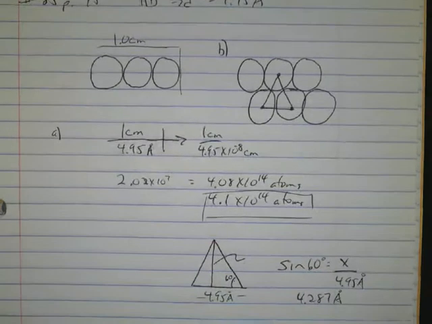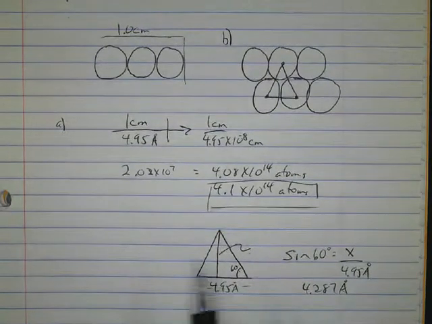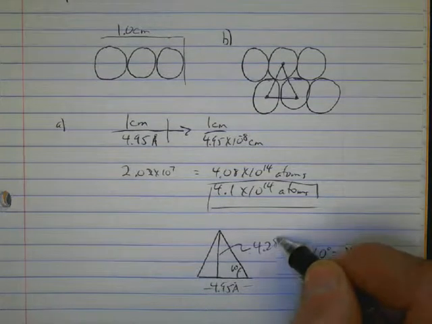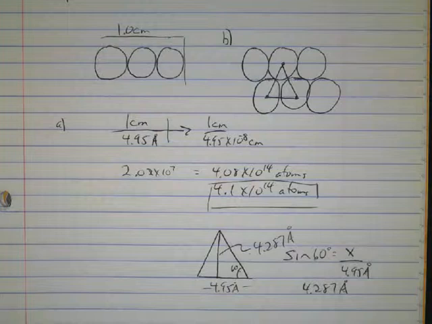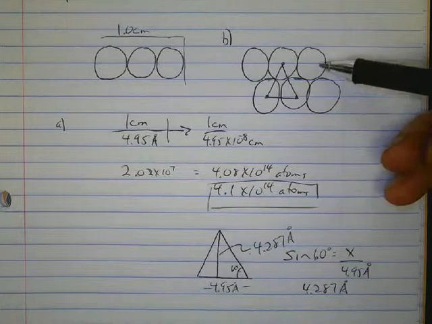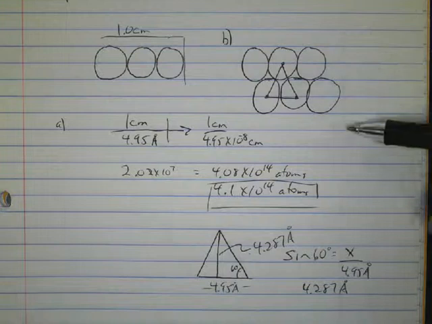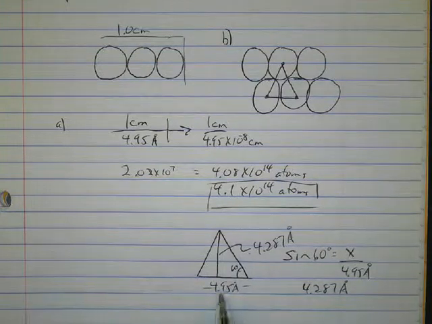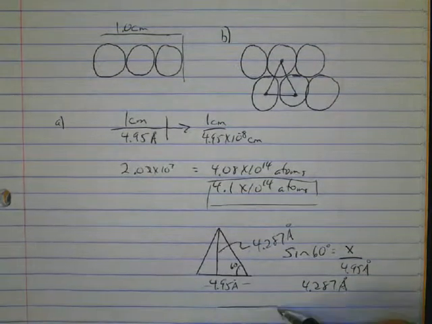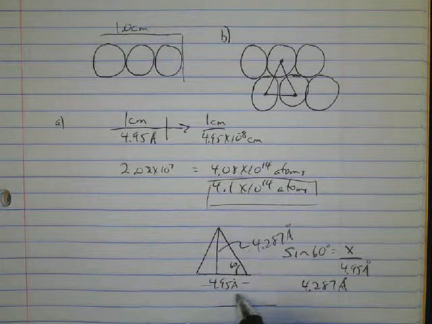It tells us that the effective diameter of a rubidium atom in this direction is not 4.95 angstroms, but a little less, 4.287 angstroms. So I essentially have a rectangle now, in which this value is 1 centimeter. This is 1 centimeter. I guess that's a square. But I'm going to be able to pack more into it because effectively this diameter is now 4.287. This one, of course, we already talked about, didn't change.